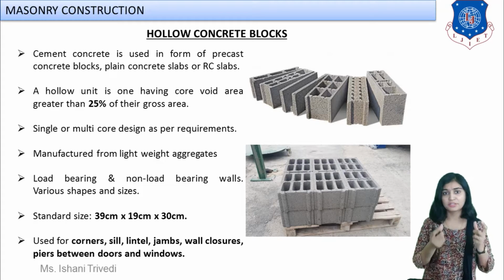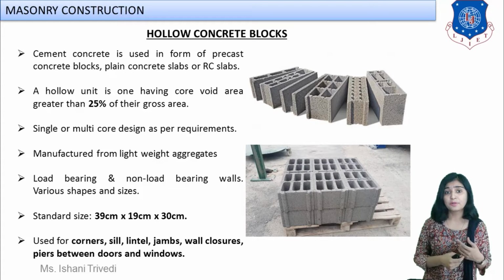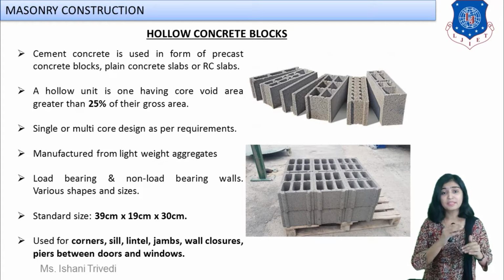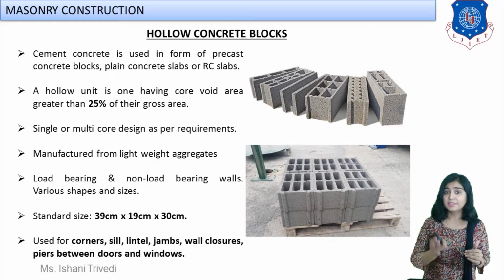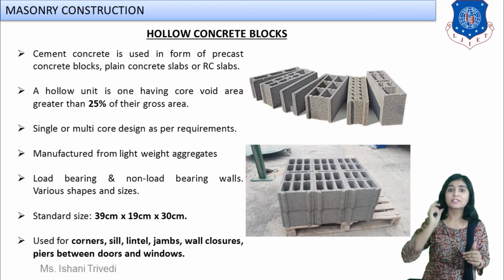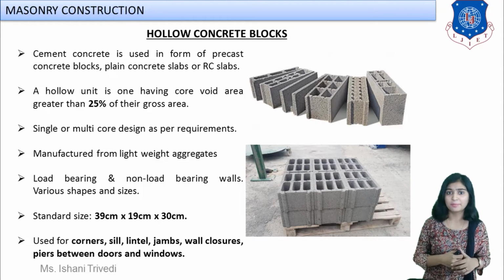So it is used for lintels and for jambs, that is the open faces of the vertical openings. You can also use it for sills, and for bridge piers and abutments. You can also carry out a full masonry wall construction using hollow concrete blocks, so that ultimately the dead load of the wall will decrease and an economical section will be obtained.